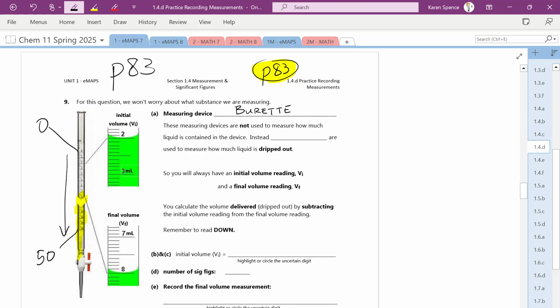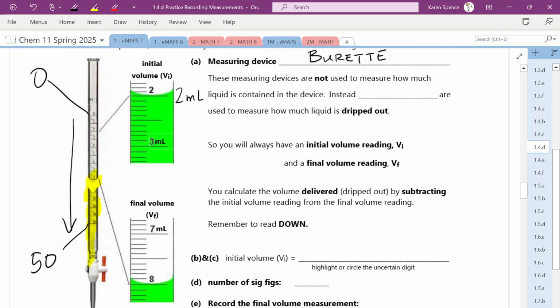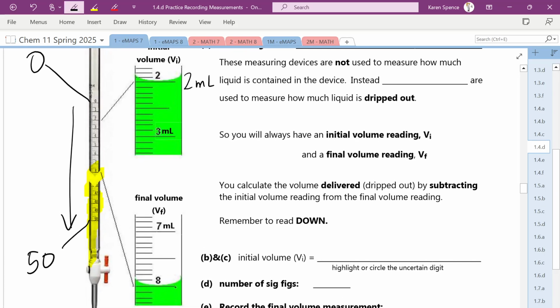So if we start at 2 milliliters and we finish at, let's just call this 8 milliliters, we'll do sig figs in a moment. How much liquid was dripped out? 6 milliliters, yes? That's how a burette is used.